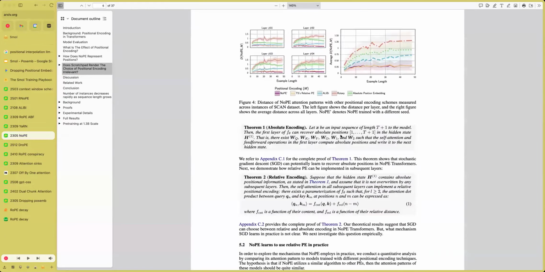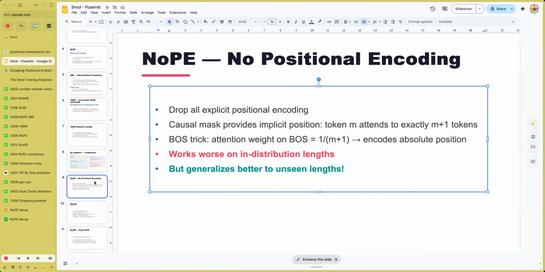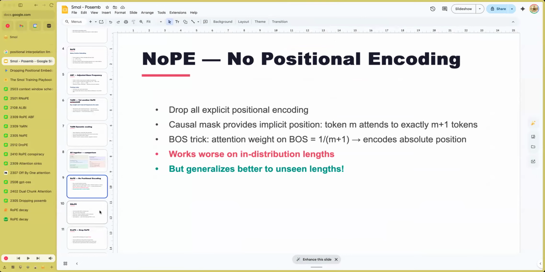So what they found is you can actually have no positional embeddings, and it generalizes better than regular positional embeddings, but they usually perform worse on short contexts, but they generalize better to long contexts.